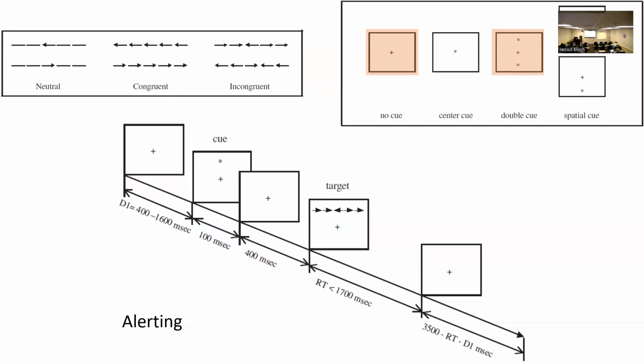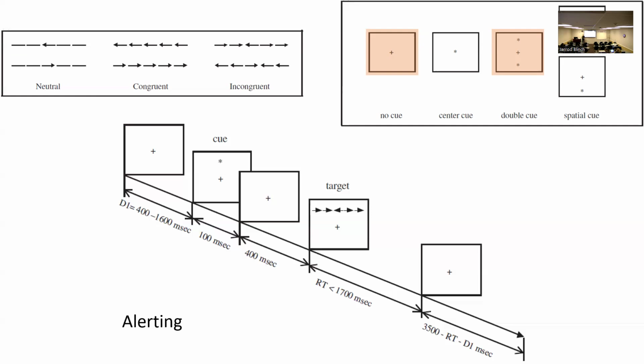So how helpful is it to get a cue? Slides here. They got the numbers right. So for alerting, the idea is when there's no cue, then if you look at the timing, the go signal could be in 500 to 2,000 milliseconds. So you're like, okay, no cue, then you don't really know the timing.